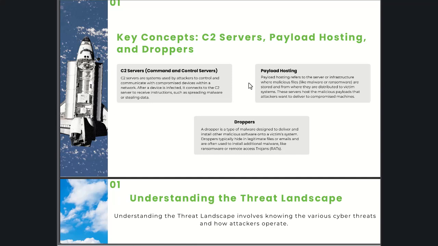Okay, and on the other hand, with payload hosting, when the attacker hosts this payload on one domain and instructs it to be downloaded with a PowerShell command or C# or Python or Ruby or Perl or C++ and so on, it's called the downloader. So that's the concept. We have a C2 server, command and control server. We have payload hosting, and we have the dropper.